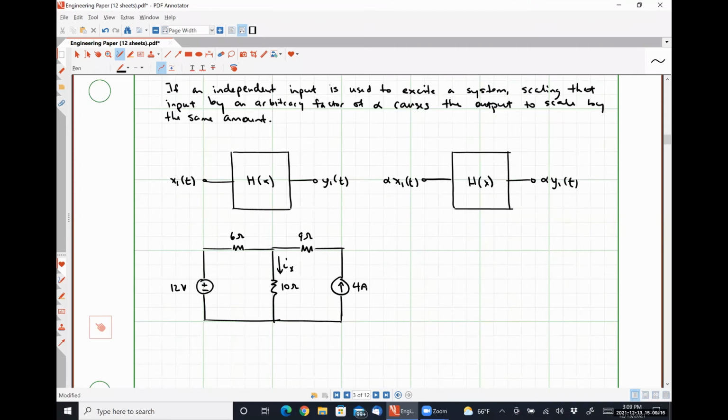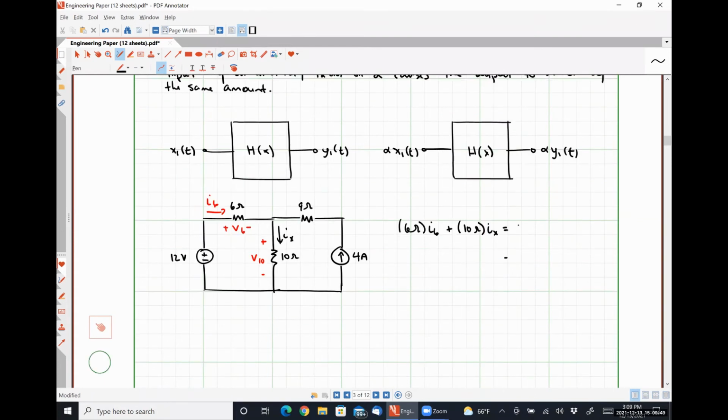So I'm going to call this voltage V6, this current I6, this voltage V10, and I think those are all of the pieces of information that I used. My KVL equation is going to be 6 ohms times I6 plus 10 ohms times IX is equal to 12 volts.